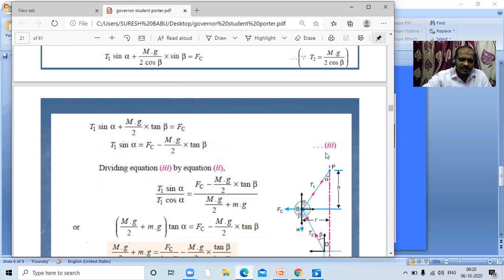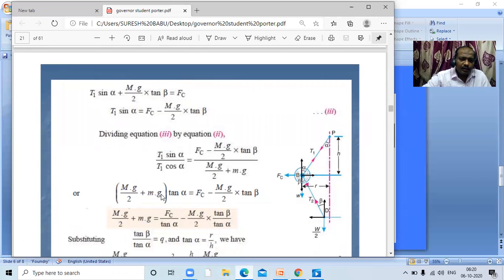Dividing equation 3 by equation 2, T1 sin alpha by T1 cos alpha is equal to Fc minus mg by 2 into tan beta, divided by mg by 2 plus mg.